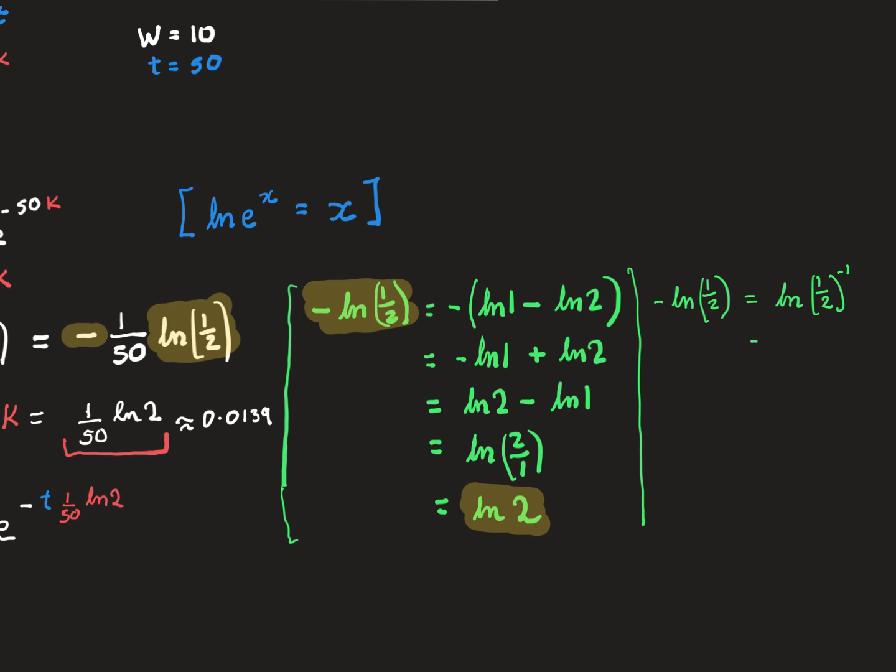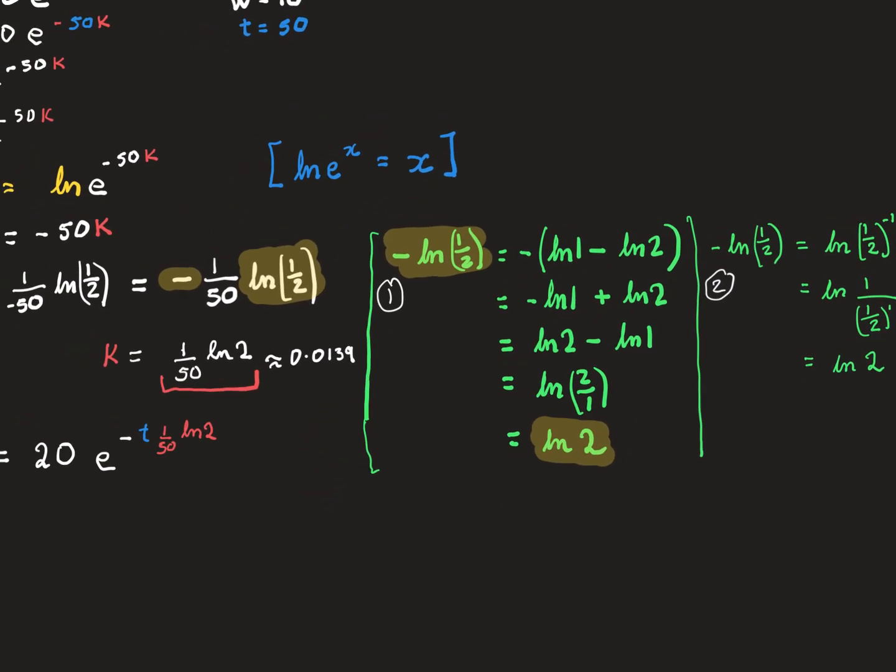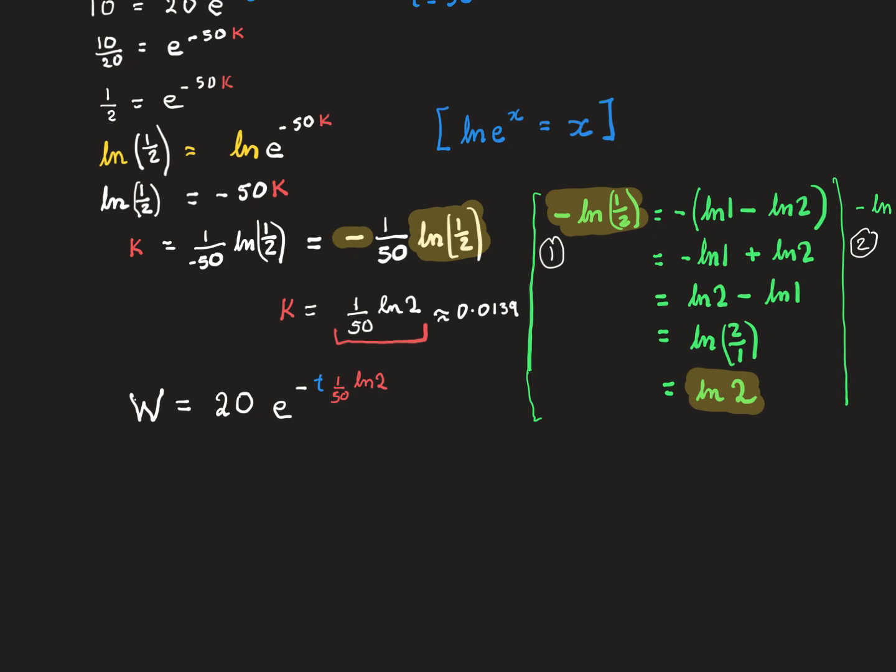And in that case, what we've got here is ln 1 over a half to the power of 1, which is the same thing as saying ln2. So that's the second way of working this out. That's number 1, or you could do it in this way. Both give us the same result, ln2.